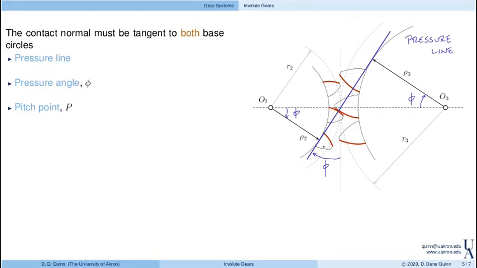The pressure angle represents the inclination of the pressure line, while the pressure line is the line of contact points.